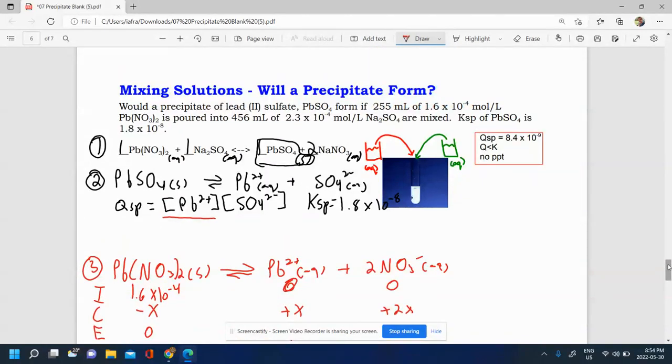We had 255 milliliters in the initial volume, and then the other solution was 456 milliliters. So together the new volume, V2, the two volumes added together, is 255 plus 456. We get 711 milliliters, or 0.711 liters.